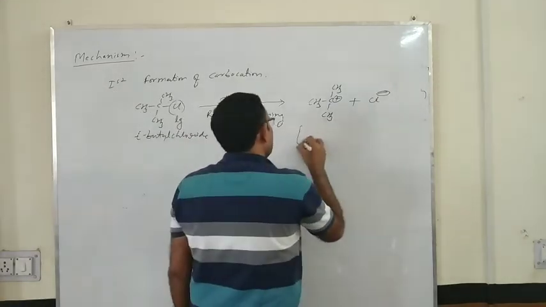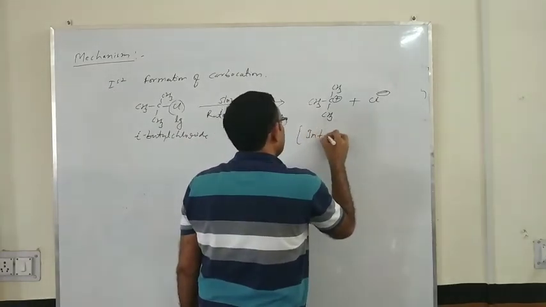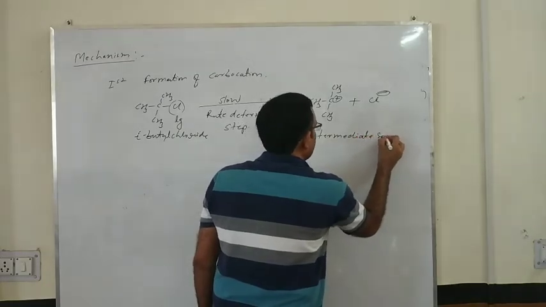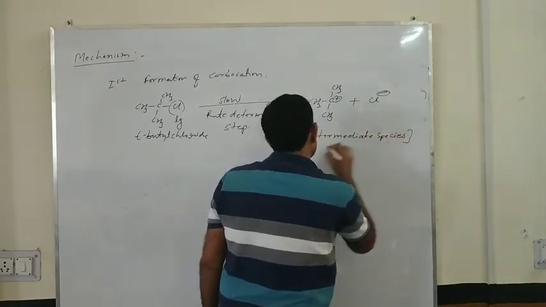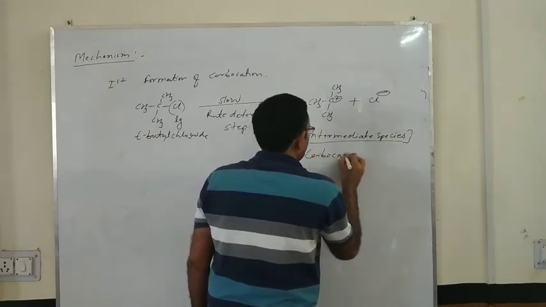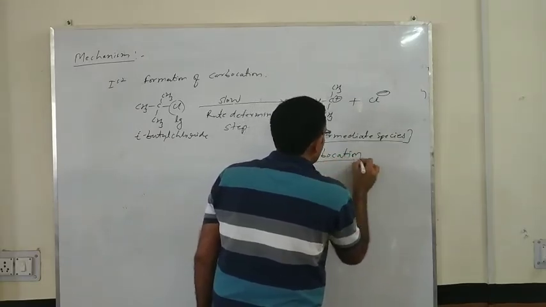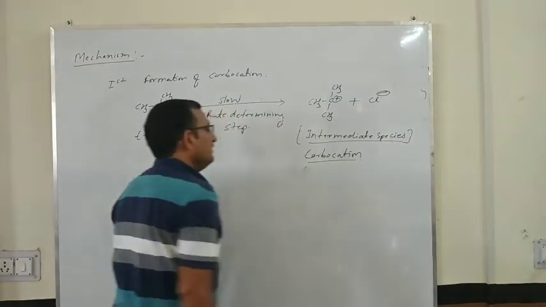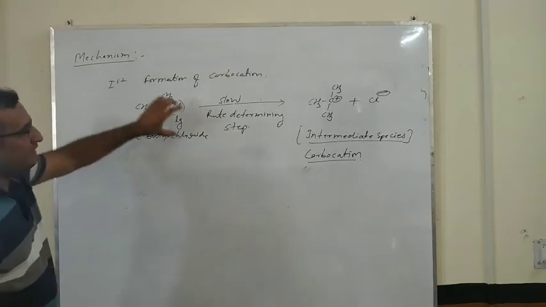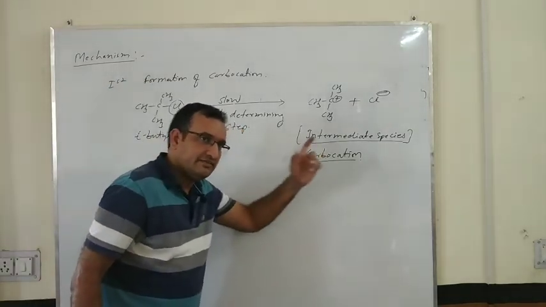This is the intermediate species, that is carbocation. So in the SN1 reaction, the intermediate is carbocation.